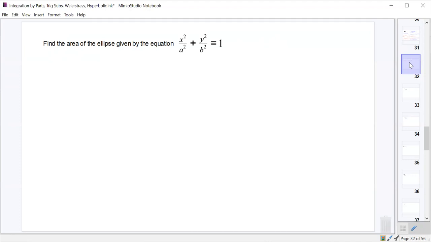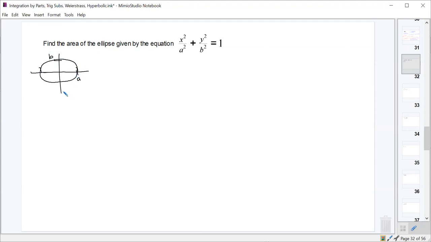What does this ellipse look like to start with? It's got an axis, well, we don't know if it's a major axis. I guess we just have an axis that's got a length of 2a, right?